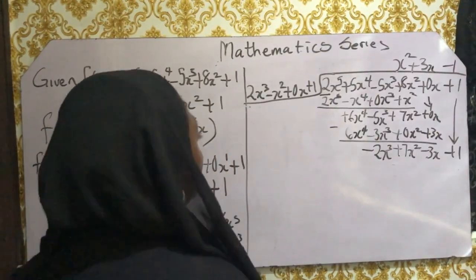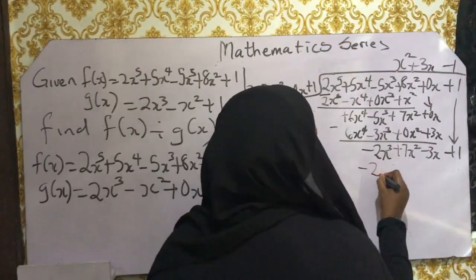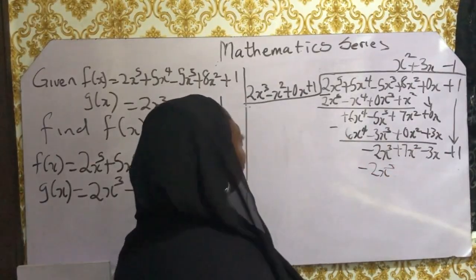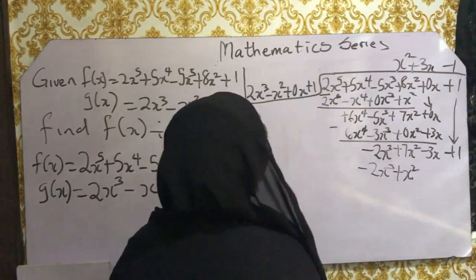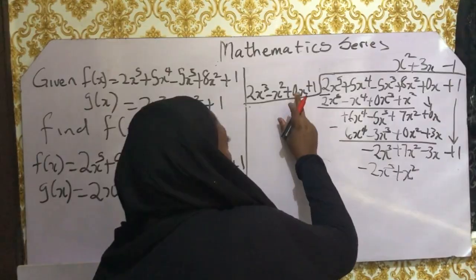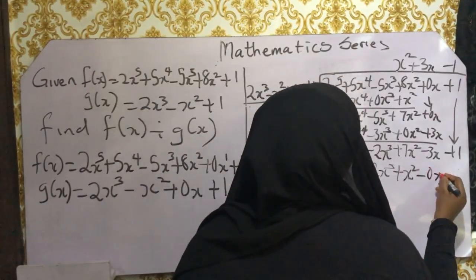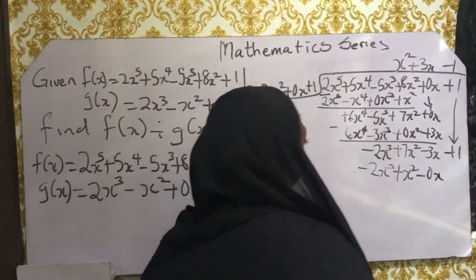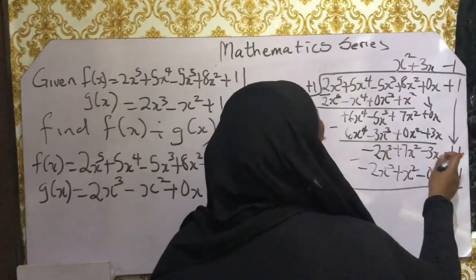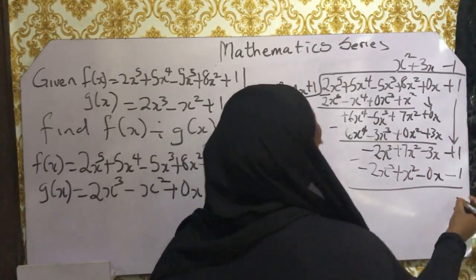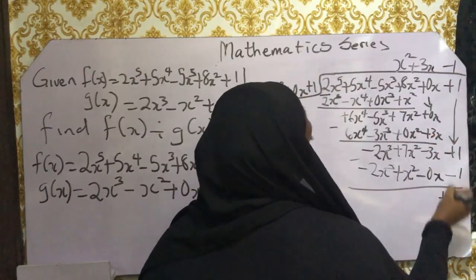Negative 1 multiplied by 2x cubed will give you negative 2x cubed. Negative 1 multiplied by x squared will give you positive x squared. Negative 1 multiplied by 1 will give you negative 1. So you subtract. Plus 1 minus negative 1 will give you plus 2.